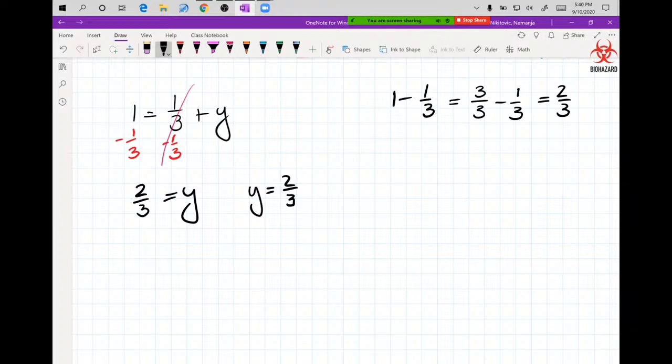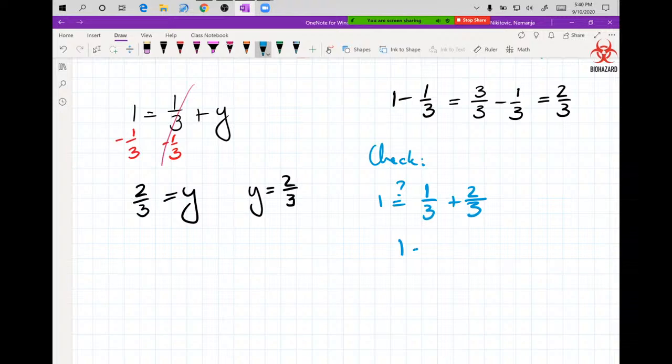1 can be written as 3 over 3 and 4 over 4 and 10 over 10 and 100 over 100. So you can always write a whole number as a fraction if you need to solve something. Now to check, we simply say, is 1 equal to 1/3 plus 2/3?